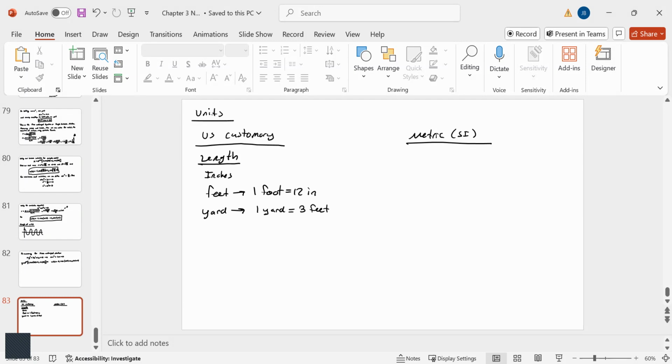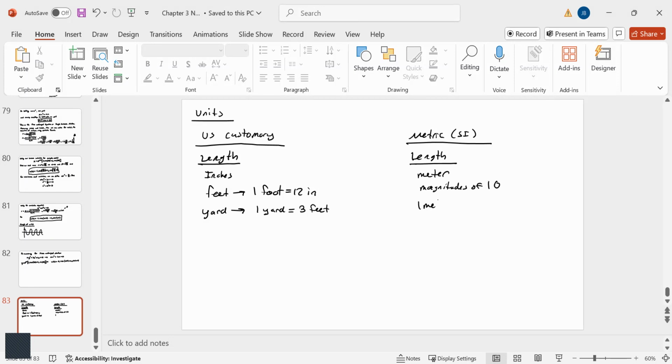For metric, for length, we're going to use the meter, right? And for the meter, it's all going to be about what the prefix is, right? Centimeters, millimeters, and all that. And remember, these are magnitudes of 10.